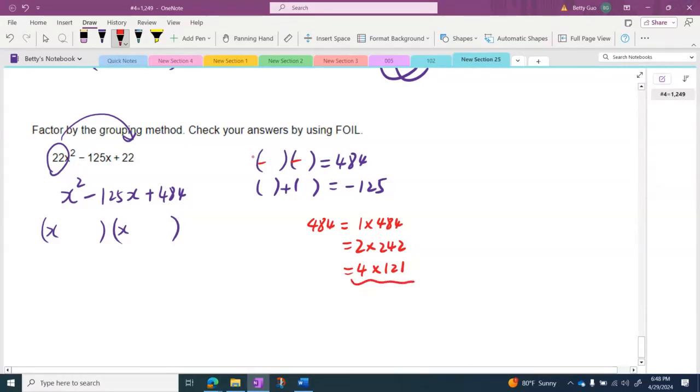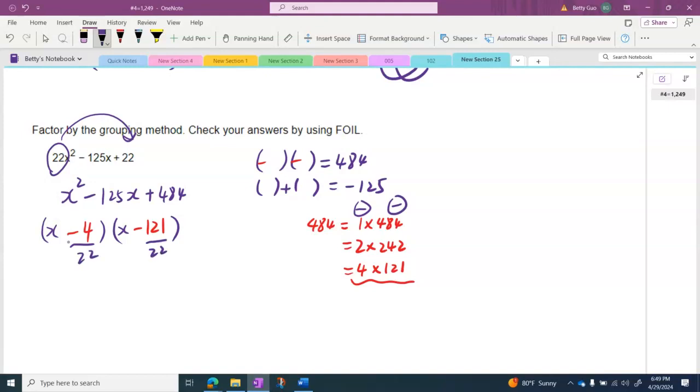Not too much effort, right? Seems like a very large number. They are both negative. So negative 4 and negative 121. Because negative 4 times negative 121 is a positive 484, and they add up to negative 125. And then divide by 22 and reduce the fractions.